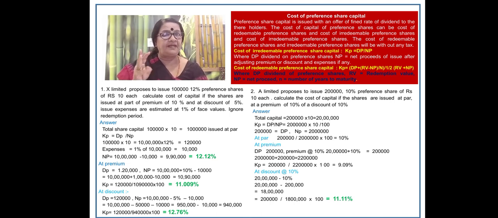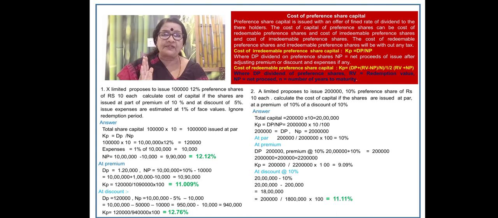DP means the dividend payable on preference shares. If it is given as 10% preference shares or 9% preference shares, that particular percentage of dividend is payable to the preference shareholders. That is DP, dividend on preference shares. NP means net proceeds of issue after adjusting. If it is issued at a premium or at a discount, the premium or discount will be adjusted.